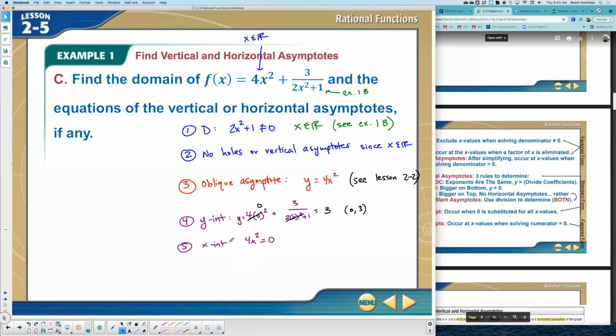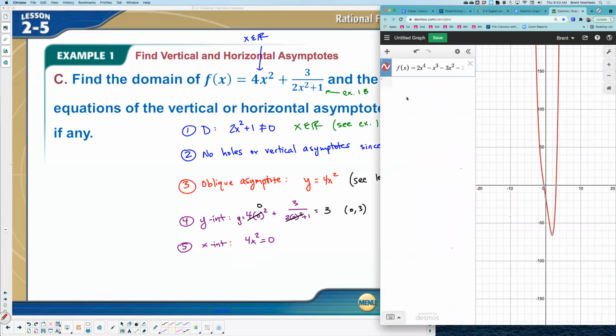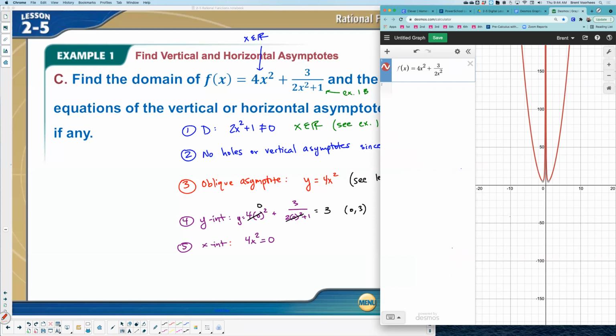Actually, I'm going to check this one. I'm not 100% sure. Before I go too far on that, let's graph this. I'm doubting myself all of a sudden. Let's graph this equation and see what we come up with. So I have 4x squared plus 3 divided by 2x squared plus 1.